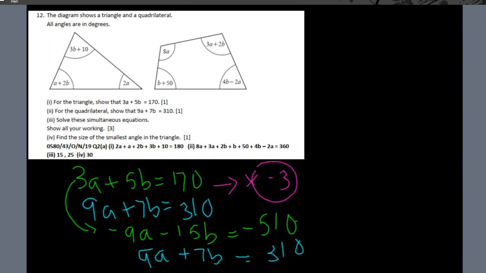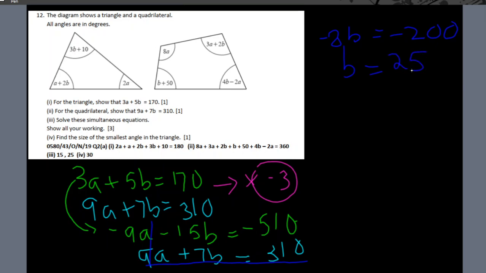Now when you add these two equations, -9a plus 9a will get cancelled, -15b plus 7b will become -8b equals -510 plus 310, which is -200. So something has gone wrong somewhere. In fact, no, simply divide these two, -200 over -8, and we get 25.